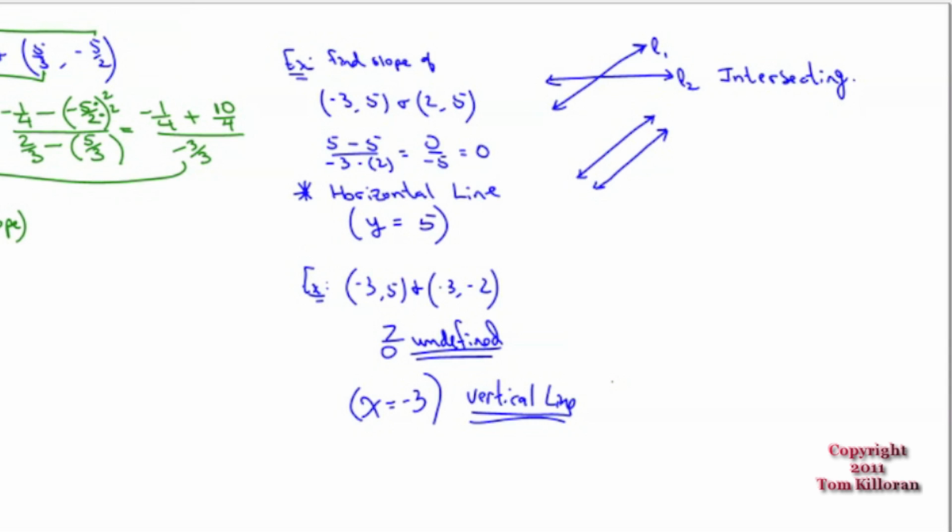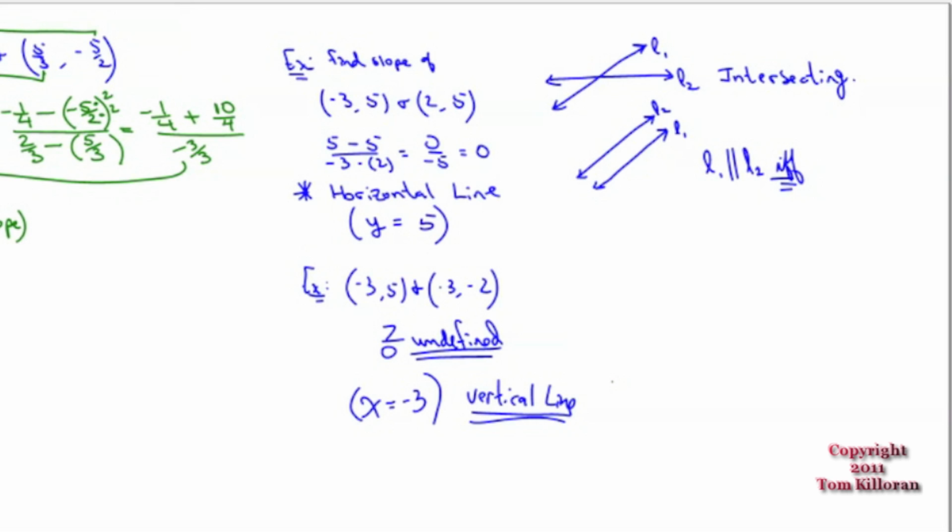There is no proof because they go on forever. So how do I know they don't lean towards each other someplace way down the line and touch? I don't. But it's assumed that they don't. So when we have parallel lines, this is L1 and this is L2, we can say something like, line 1 is parallel to line 2.